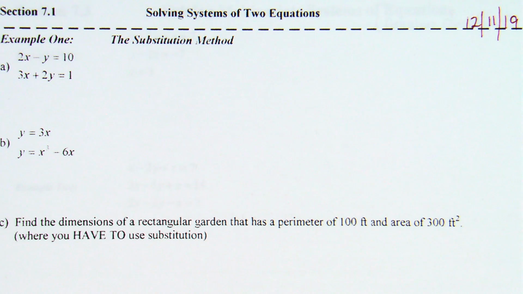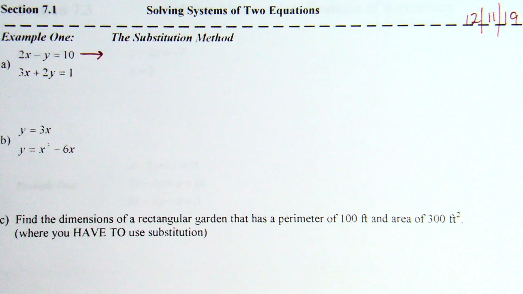What do you guys want to solve for? Which equation, and for x or y? First one for y, and I'm guessing you're picking that because it's a 1y. So if we solve this first one for y, how do you want to do that? Subtract 2x. So if I subtract 2x, I now have negative y equals negative 2x plus 10.